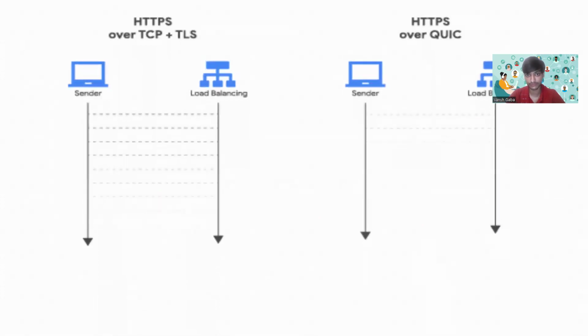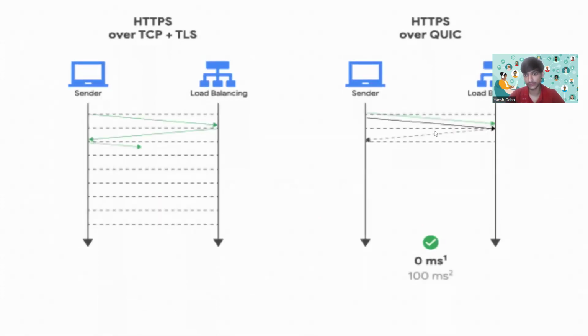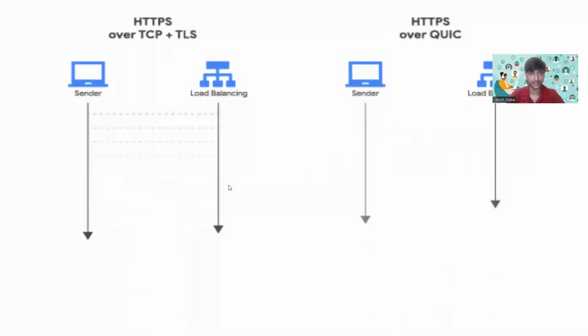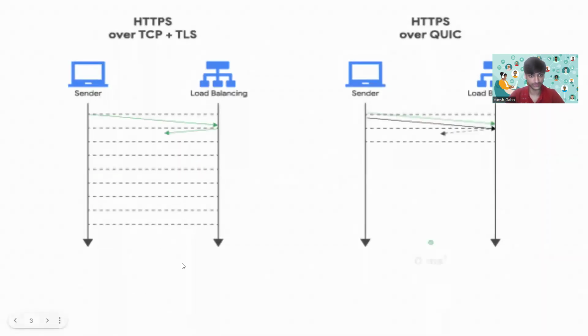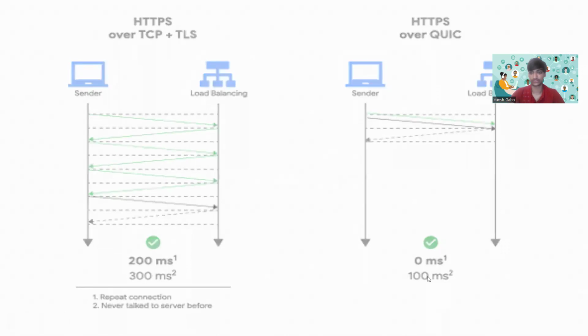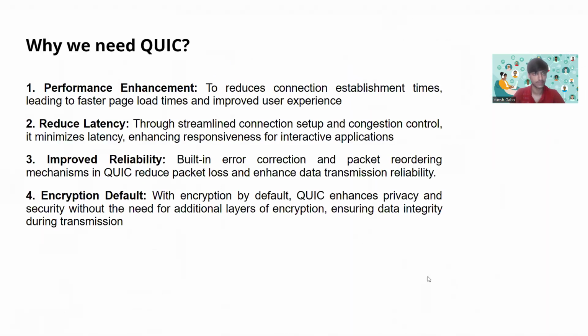It makes only a single round trip time connection, and if it made a prior connection to that server, then in the future it does not make that connection and takes it from the cache. You can see TCP taking 200 milliseconds for the connection and 300 for the data, but QUIC takes 0 for the connection and 100 for the data. That's why QUIC is very fast.